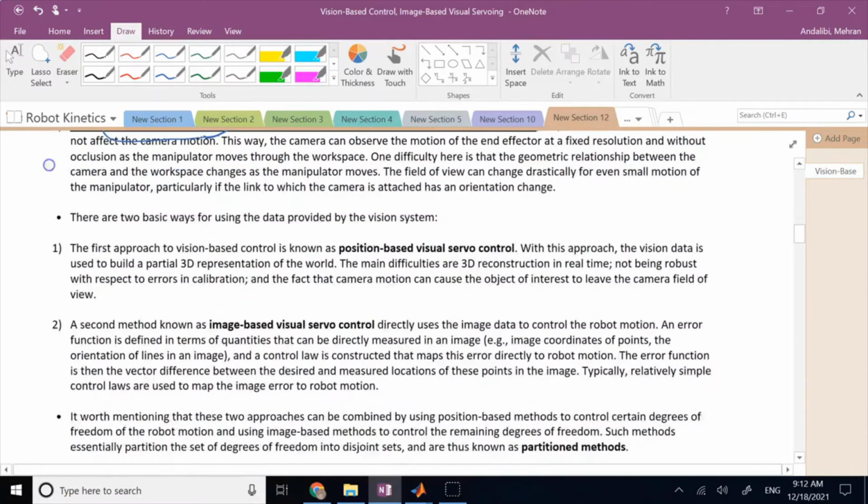And we're going to talk about how we use the data from these cameras to control the robot. There are two approaches called position-based visual servoing and image-based visual servoing, and we're going to use the second approach, but let me first give you some background about computer vision, and then we talk about these two different methods, and that we use the second one.